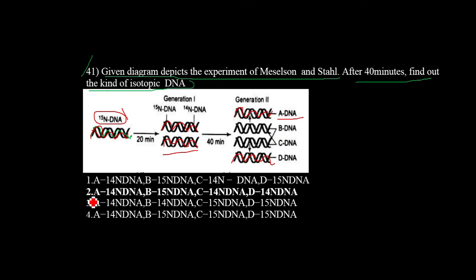Here A is N14, N15: N14 DNA, N15 DNA. Here two types are there. Okay, B, N15 DNA. Here they have given N15.